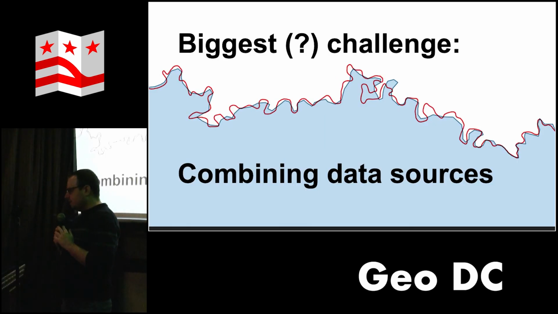One of our biggest technical challenges is dealing with all the different geometries we get when we're combining different data sources. Actually, our probably biggest challenge overall is just collecting the data in the first place and trying to track down good sources. But technically speaking, once we get it, this is the main challenge.